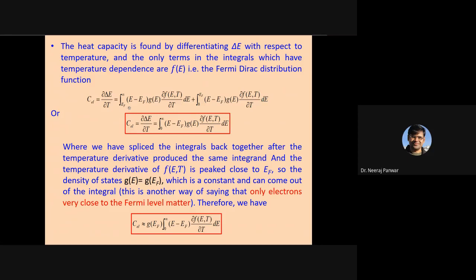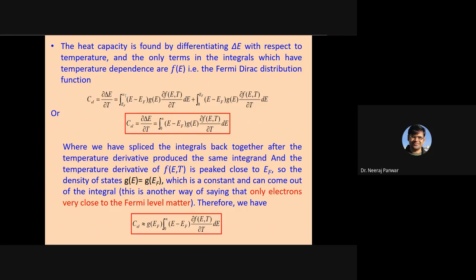We can see that the expression inside the integral in the two terms is equal, and it is like we have separated the limits. So we can add the limits, and now the total expression becomes from 0 to infinity. This is from 0 to EF, and the first term is from EF to infinity.